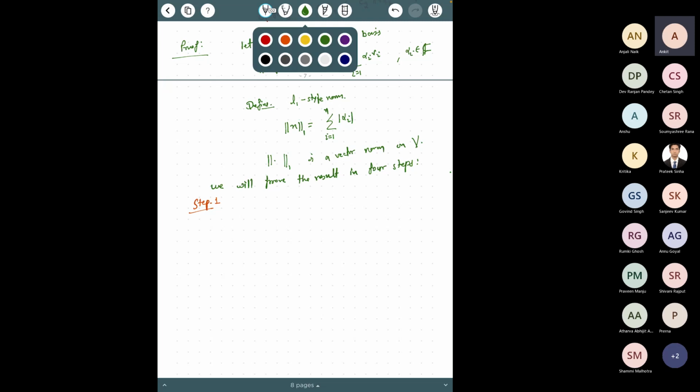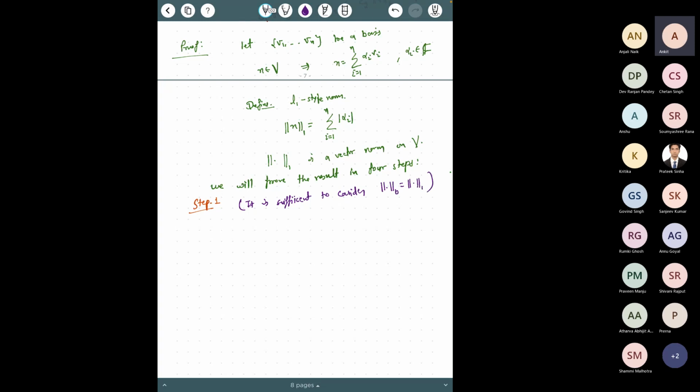What I'm saying is that in step 1 it is sufficient to consider the B norm as the one norm.